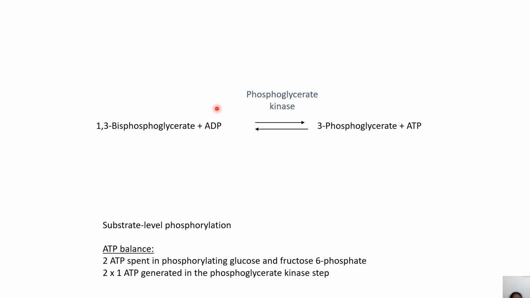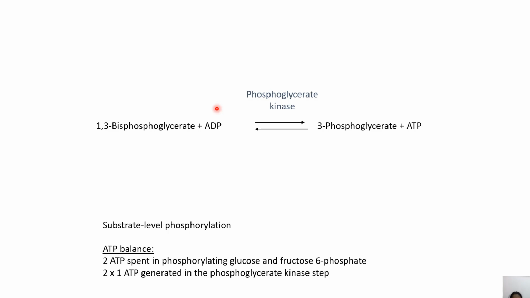Substrate level phosphorylation means the direct formation of ATP or GTP by transferring a phosphate group from a high energy compound to ADP or GDP, whereas oxidative phosphorylation is a cellular process that harnesses the reduction of oxygen to generate high energy phosphate bonds in the form of ATP, adenosine triphosphate.